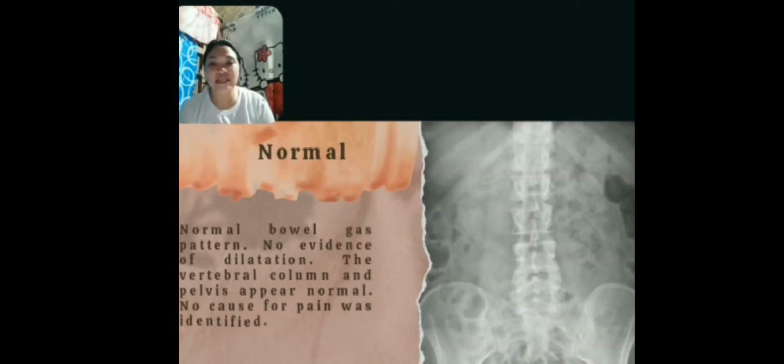So this is the normal X-ray: normal bowel gas pattern, no evidence of dilatation. The vertebral column and the pelvis appear normal. No cause for pain was identified.